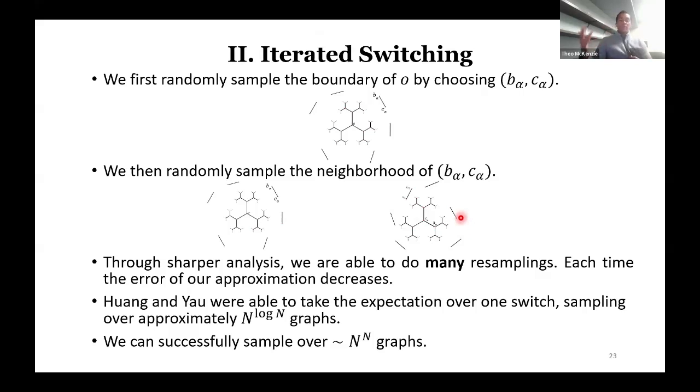And what we're able to show is that we're able to do many resamplings, and every time that we do this, we can actually improve the error in our estimation. So in this previous work, Huang and Yau were able to take expectation over doing one edge swap, and they were able to sample over something like n to the log n many graphs. And in our work, we're actually able to sample over many more, like n to the n graphs, using this type of iteration.